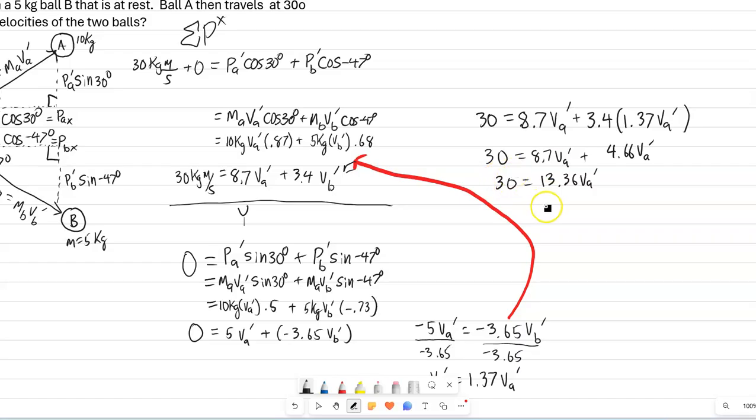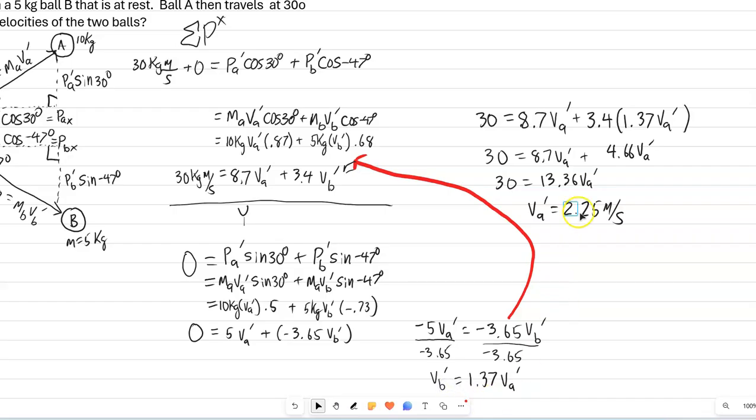And I can now solve this for velocity A prime. And we know that after our collision, velocity A prime, ball A, will be traveling 2.25 meters per second. Well, what about ball B?